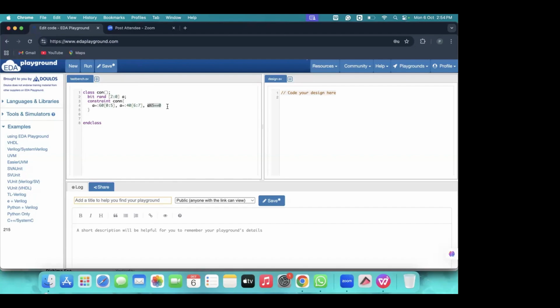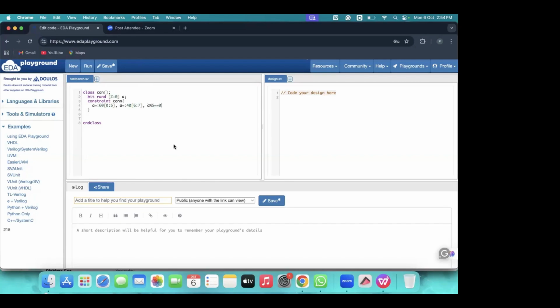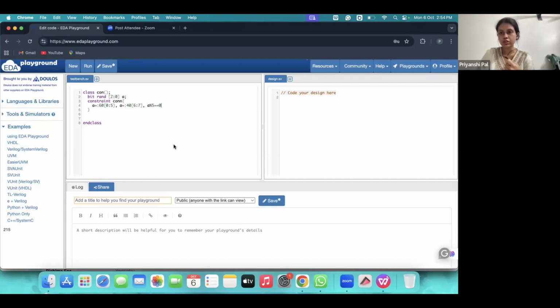Yes, equal to. You know what is the difference between double equal to and triple equal to? Double equal to checks for the logic equality and triple equal to checks for the case equality.